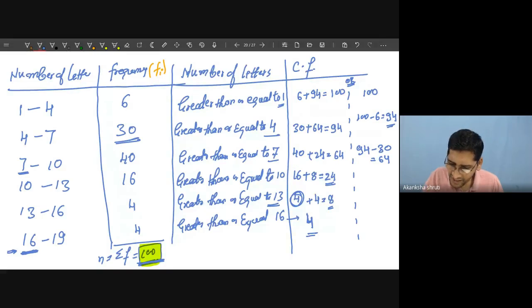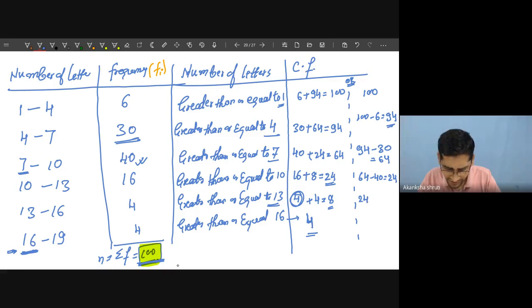Now for the next one, you have to take the 64, and from the 64 you need to subtract the 40. Proceed this way. You are getting 24. Then for the next interval, we have this 24.